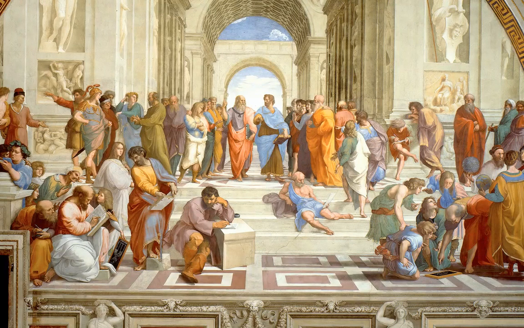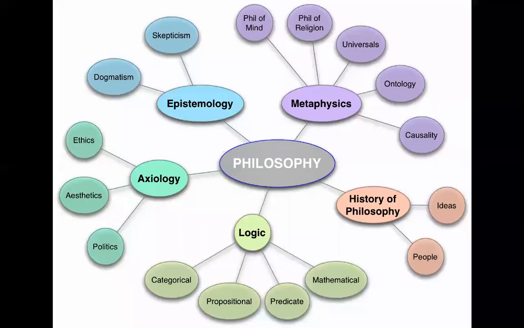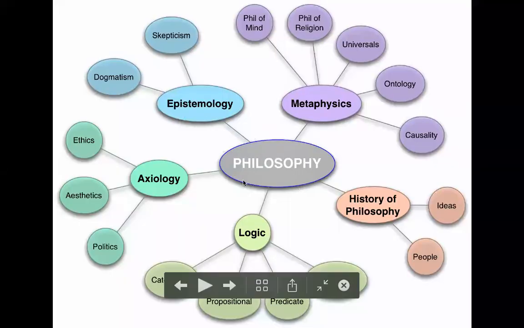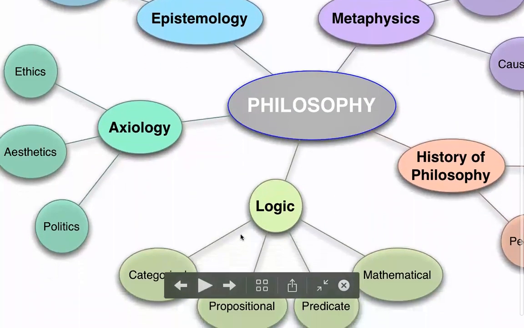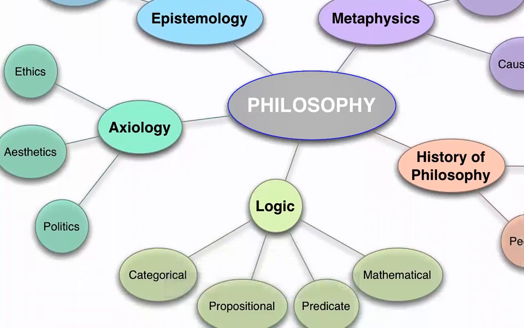If you've ever heard that common phrase we use here in the United States, we're a country that is ordered or founded on the rule of law. The rule of law is fundamentally predicated on logic. But if you break down the different areas of philosophy, as I mentioned last time, you'll see that logic is certainly one of the categories.